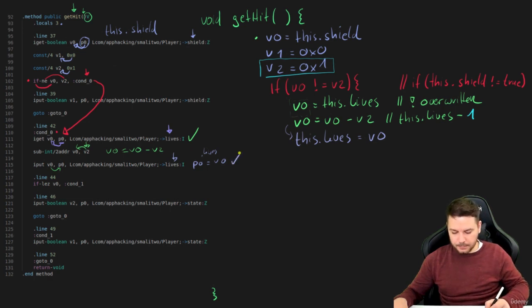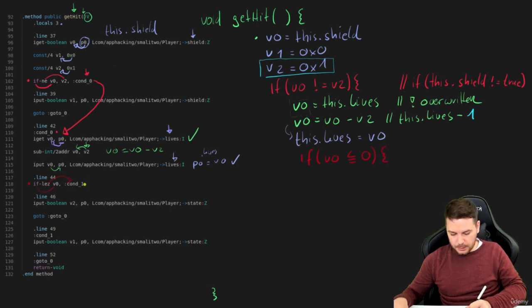Okay, then we have another if statement, this one over here. So let's see. If v0 is less or equal 0, we jump to this condition.